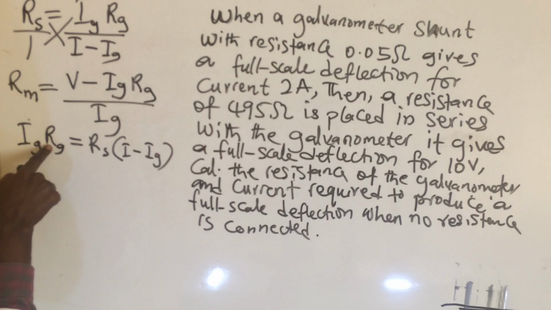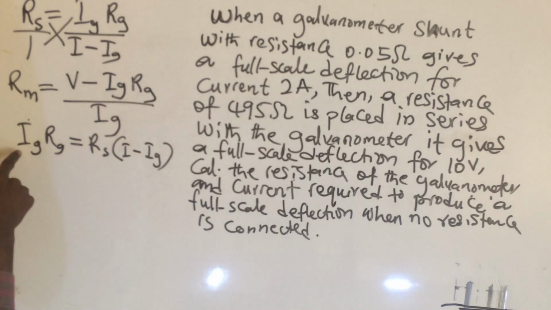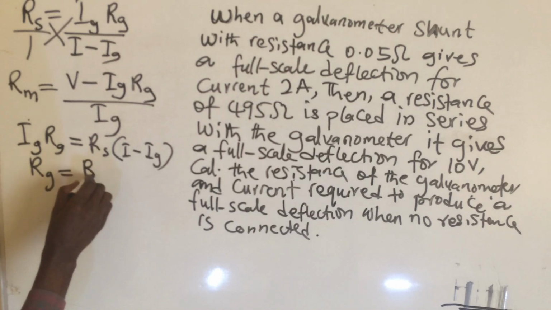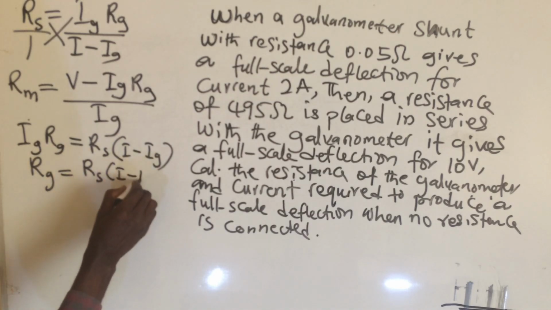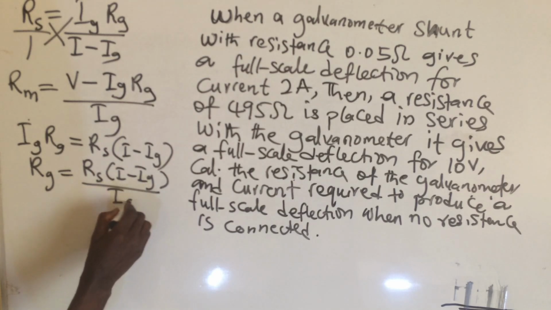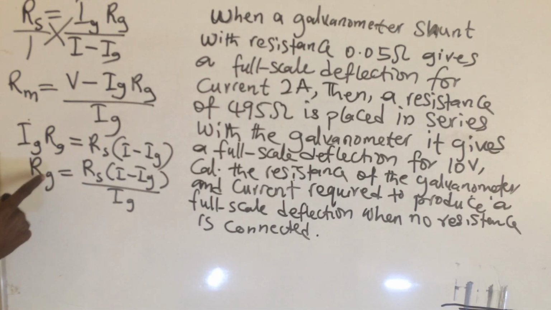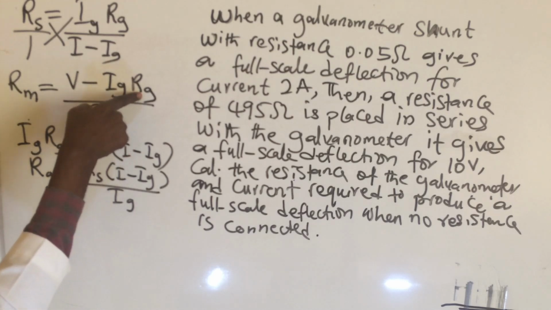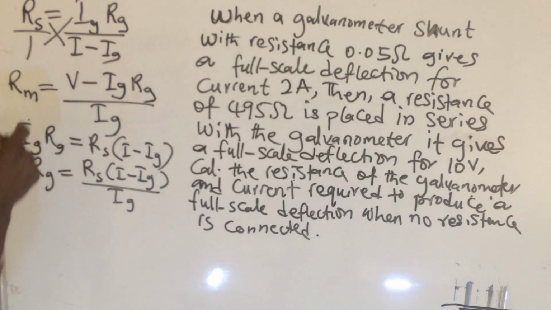Making Rg the subject of the formula, we divide both sides by Ig. We now have Rg equals Rs in bracket I minus Ig all over Ig. Okay, that is making Rg the subject of the formula. Now let us make Rg the subject of the formula using the other formula.